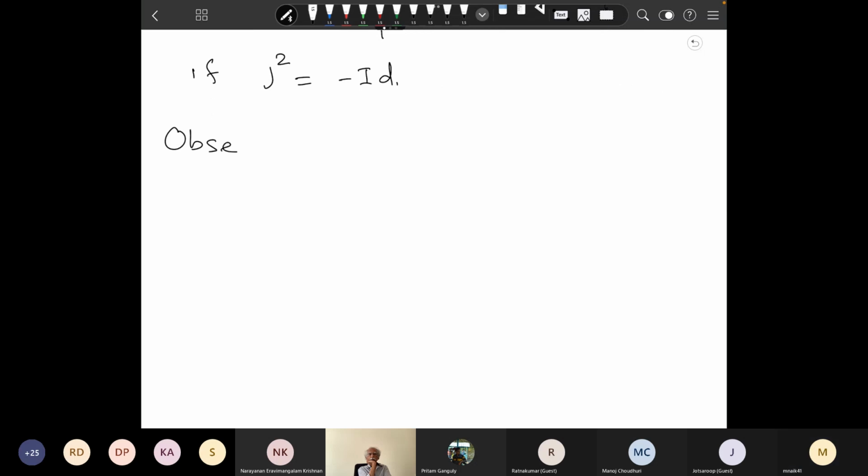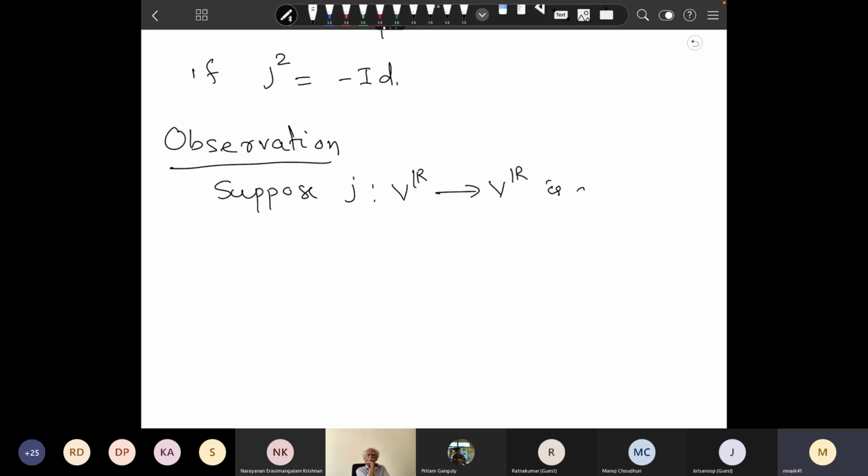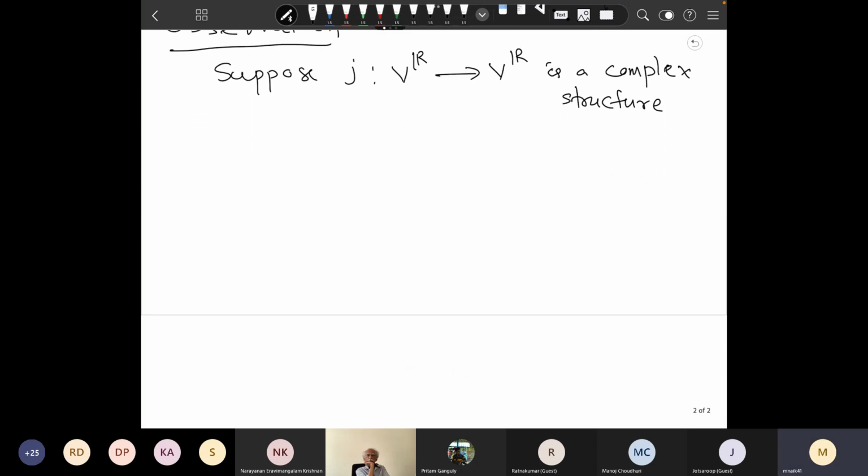Observation. Suppose J from V to V is a complex structure. Actually, V^R is a real vector space. For that reason, I have written V superscript R. So J square is equal to minus identity.